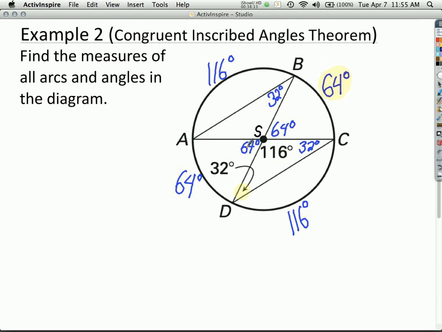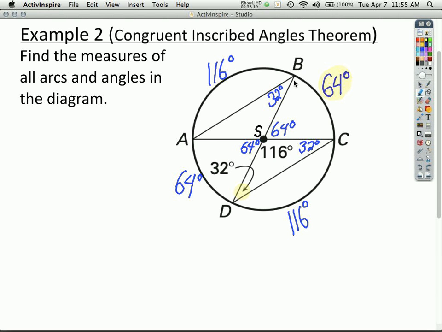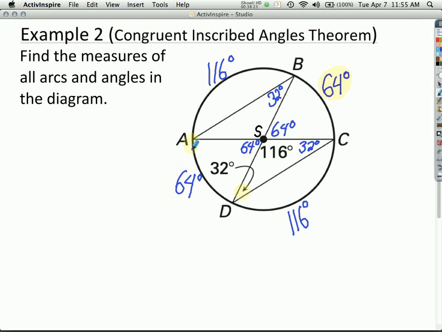No, wait. They're congruent inscribed angles. Yeah, congruent inscribed angles theorem. These two angles, ABD and ACD, are both intercepting the same arc, which means this must be congruent to this. That's another way to prove it. Everything that was said already is true. What Chris said was true as well.